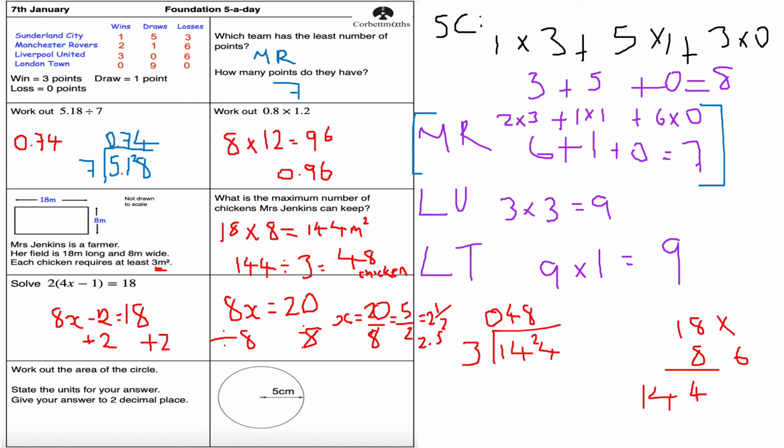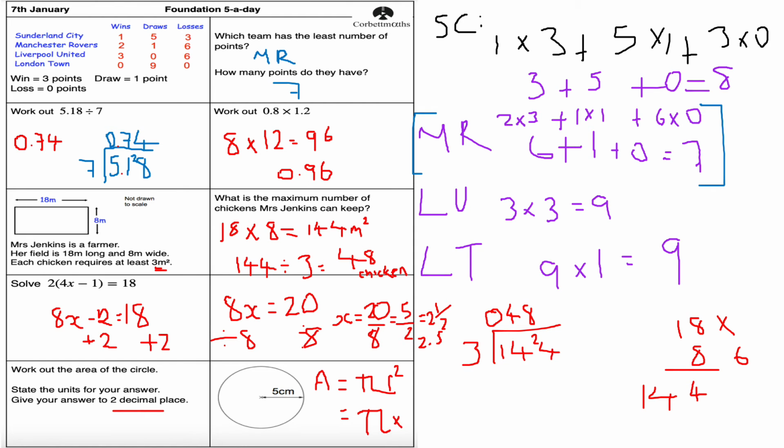Right guys, so the last question for today's video. Work out the area of this circle. State the unit for your answer. Give your answer to 2 decimal places. The formula for the area of a circle is area is pi times r squared. Pi is a constant.